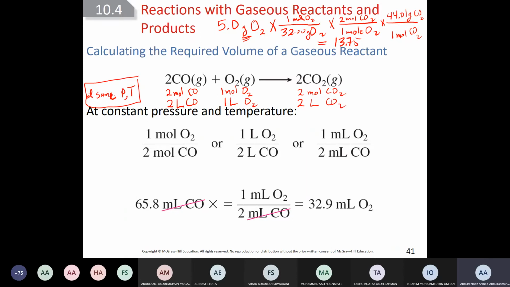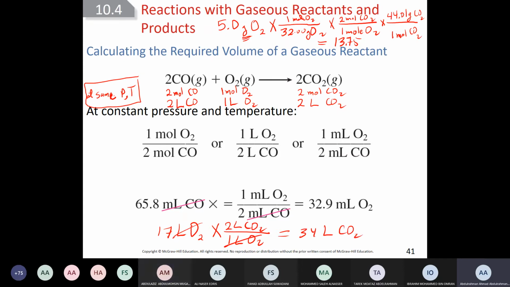If I have 17 liter O2, how many liters CO2 am I going to produce at the same temperature and pressure? 34. You should write at the top here, 2 liter CO react with 1 liter O2. This goes with this, and you have the answer as 34 liter CO2.